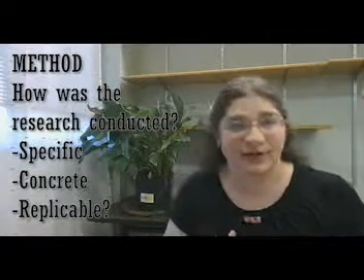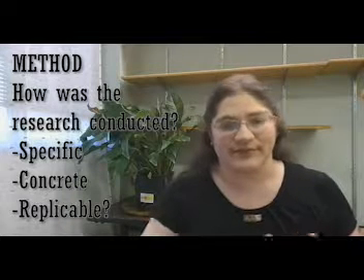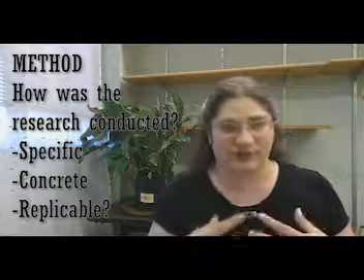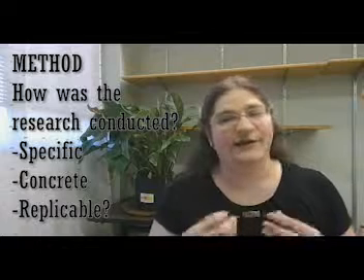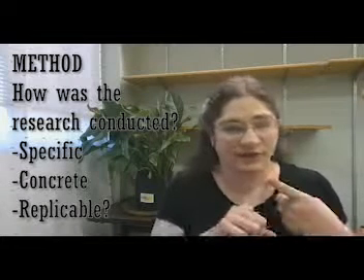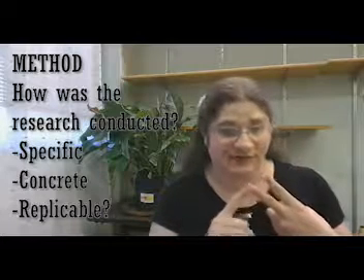The next part, after you've done your introduction that contains a literature review, is the method. In this part, you explain how your original research, that is your primary sources, was carried out, and you do so in sufficient detail that other researchers can A, analyze your results appropriately and critically, and B, replicate your study if necessary or possible.